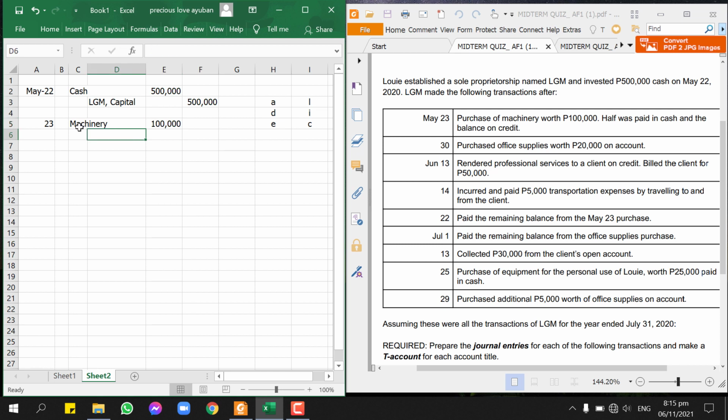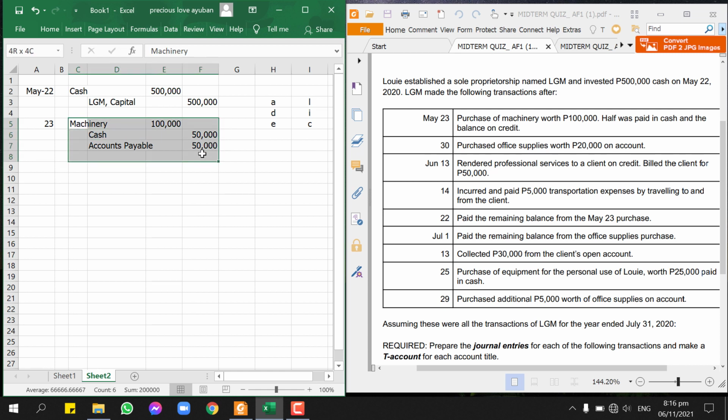And then, ano yung lumabas? So, the value parted with is first the cash, which is half of the 100,000. So, 50,000. And then, the balance is on credit. Ibig sabihin, inutang natin yung remaining. So, credit tayo ng accounts payable, which is a liability account in the amount of 50,000.